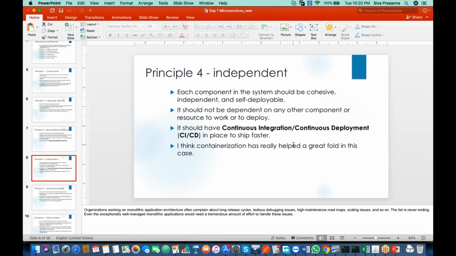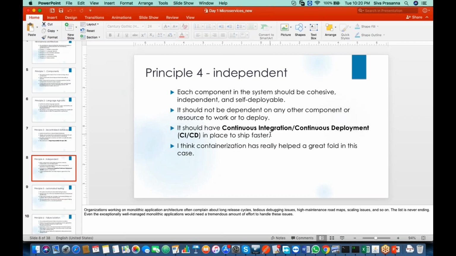Previously, if you had to scale, you had to get a new server, hook it up, and start working with it. It was never easy. The usual scenario is that you wait for at least 2 to 3 months just to get a server in place. So that dependency itself is now gone. And not only that, within a Docker we generally have only one service.